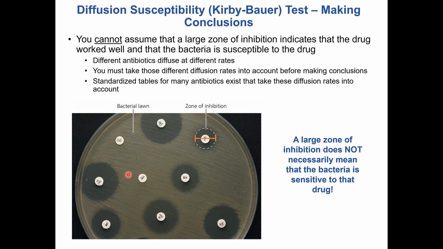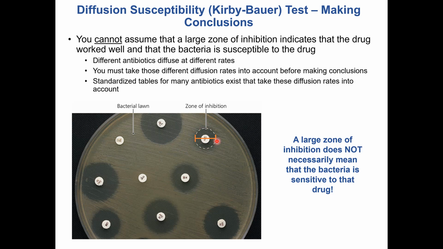It did not kill the bacteria. So that's a very logical conclusion to make, but it is not accurate because you cannot just look at the sizes of the zones of inhibition and make conclusions about the strength or the effectiveness of that antibiotic, because antibiotics will diffuse through the agar at different rates.